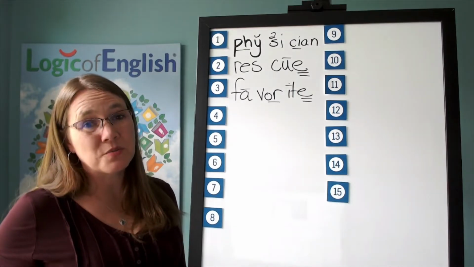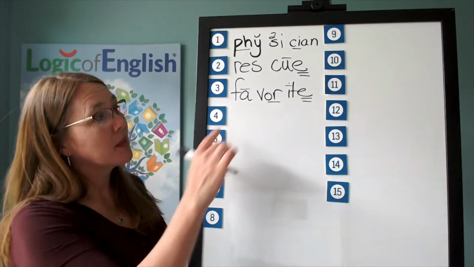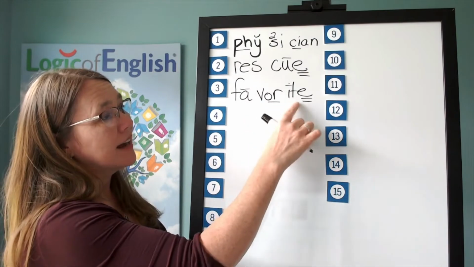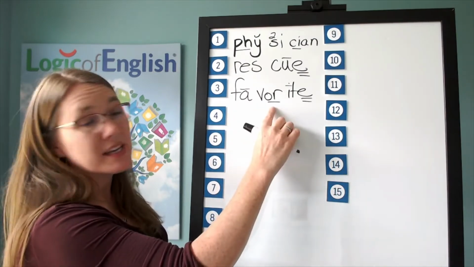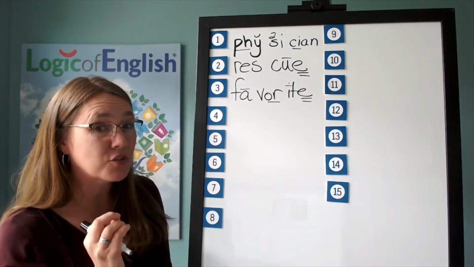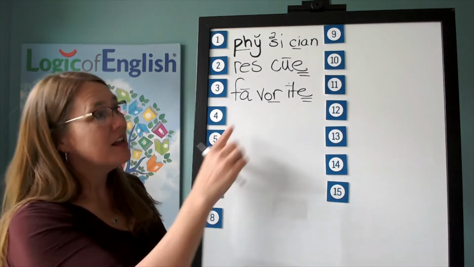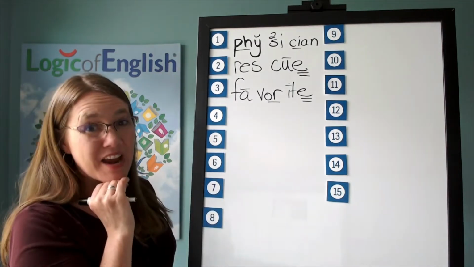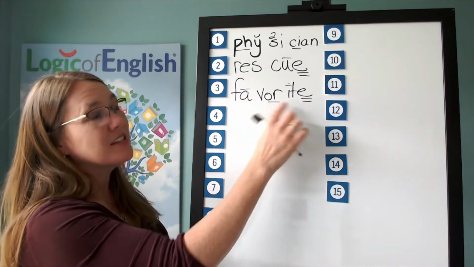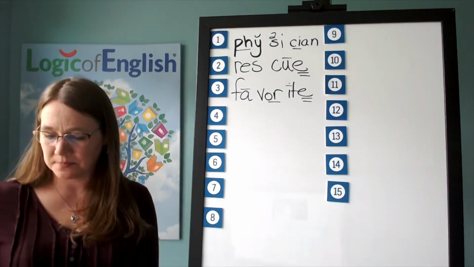Sometimes with the spelling rules, we have some choices like this. So favorite, and we say favorite. Notice or is also saying that schwa sound in this word. That's because the stress is on fa. It's right here, and these two syllables are unstressed.